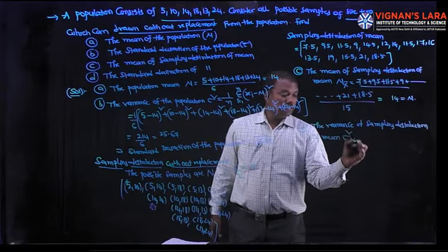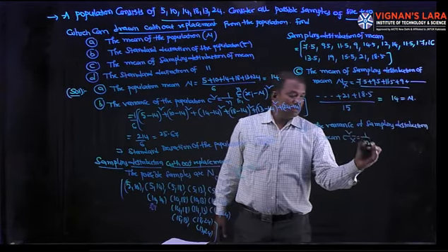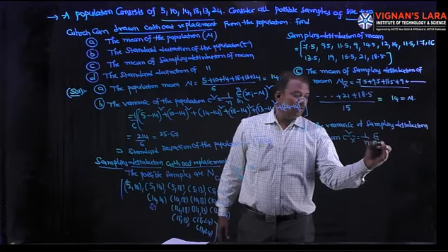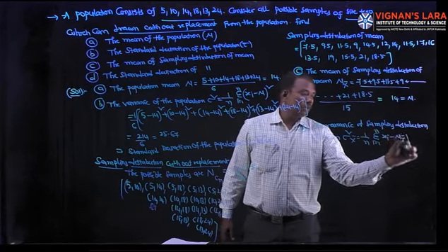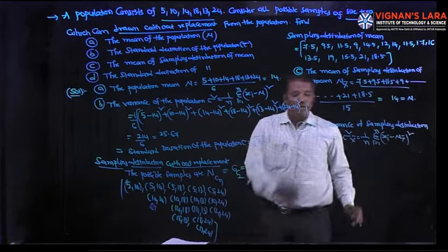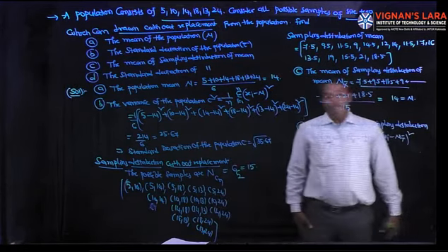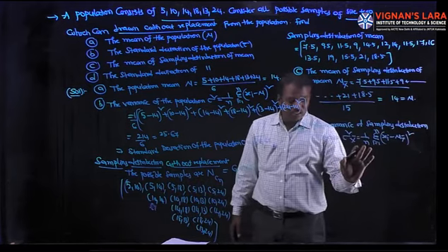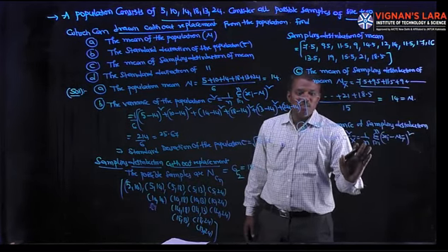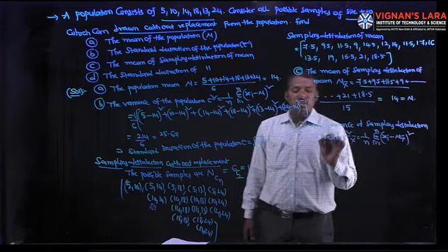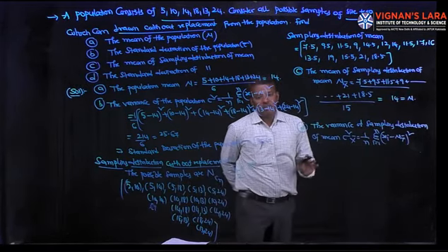Sigma square x bar is 1 by n, sigma i equal to 1 to n, (xi minus its mean) whole square, the sum of squares of deviations from the mean. What is the mean here? Mu x bar. This n does not represent the sample size. This n represents the number of elements in the sampling distribution of mean, not the size of the sample.